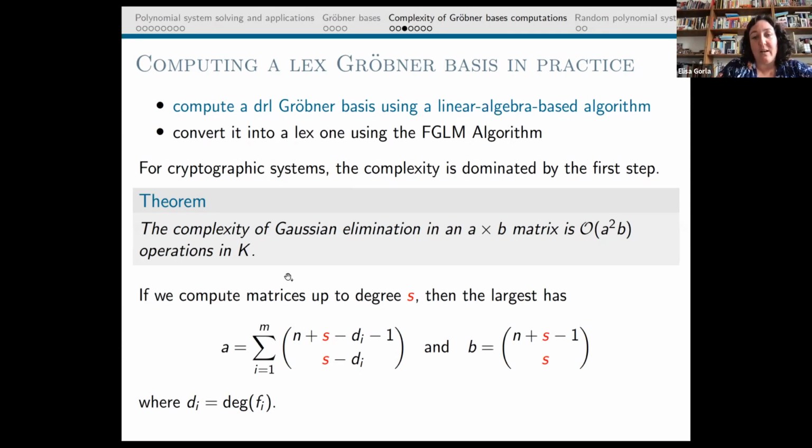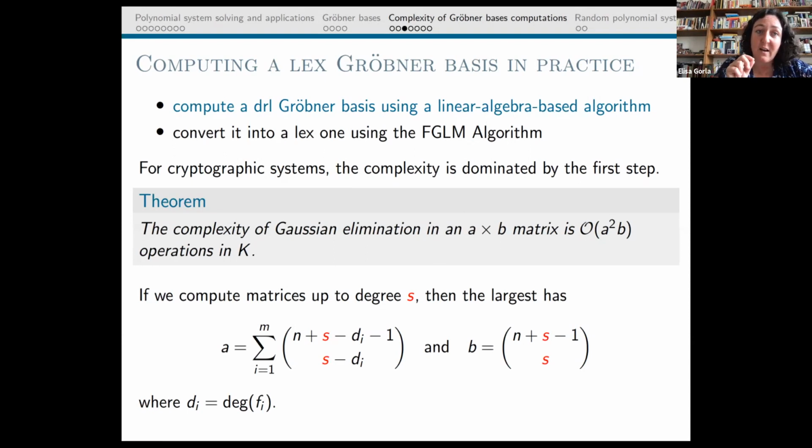And you can compute the size of this matrix, and this gives you the complexity. And all this, of course, is controlled by the degree that you have to go up to get the Groebner basis. Like in our previous example, that degree was 3. I started in degree 2, I didn't get anything. When I got to degree 3, I got the Groebner basis, okay? So that's the thing that is important for us.